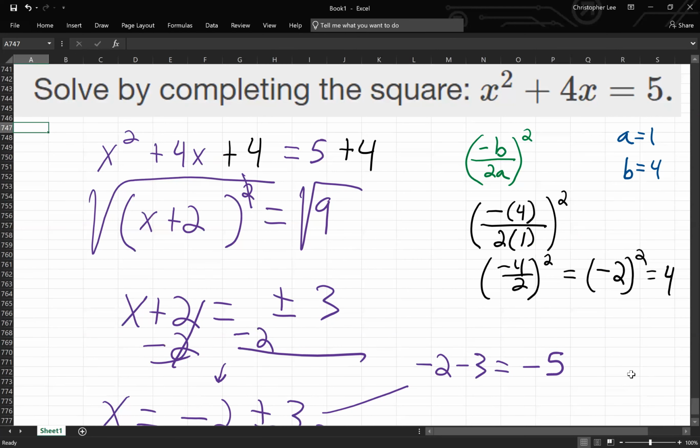They'd say, do negative b over 2. The reason why I do negative b over 2a is because when you get to Math 30, that's actually the formula for the axis of symmetry. I'd rather you memorize one formula than like 19. One thing that works for all situations. So I use the axis of symmetry and I square that to get the number that I'm going to add to both sides of the equation. And that's how I complete the square.